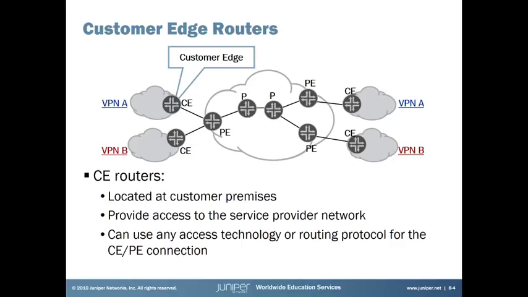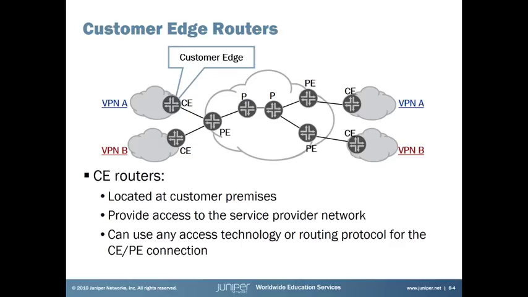So here we have these CEs. They can use whatever access technology they want. You could have a BGP peer between the CE and the PE to provide that connectivity, or you could have no BGP, or you could simply have static routes.